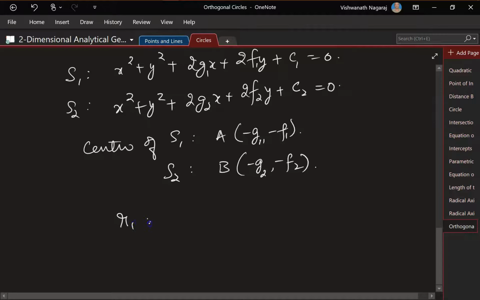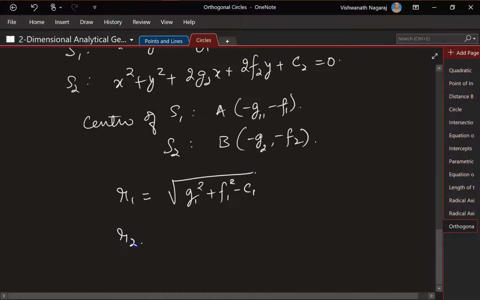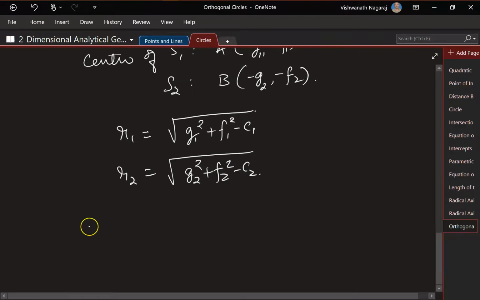R1, the radius of S1, is square root of g1 square plus f1 square minus c1. R2 is square root of g2 square plus f2 square minus c2. Now we know that angle APB is 90 degrees. So by Pythagoras theorem, AB square is equal to AP square plus BP square.